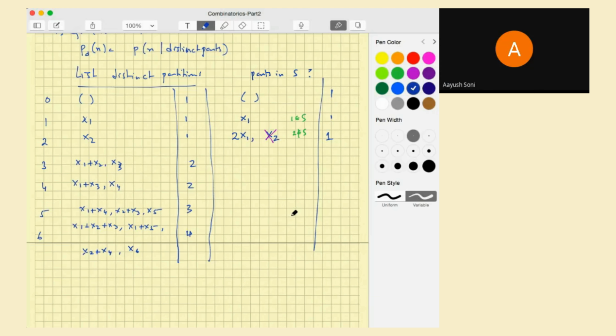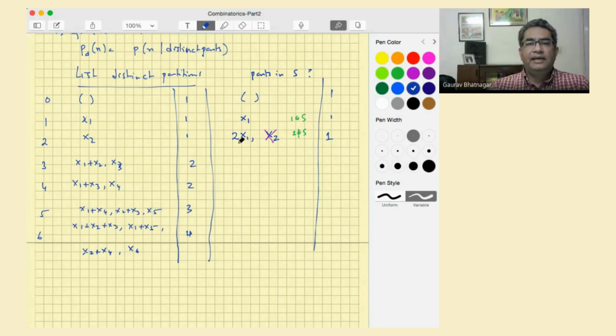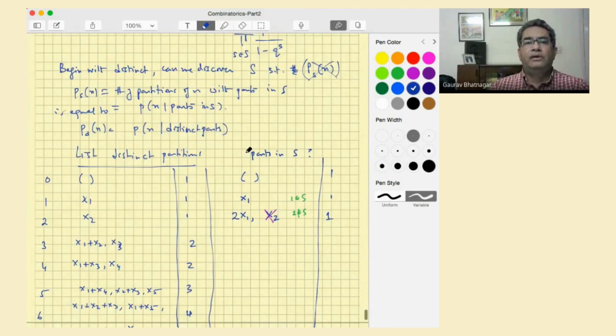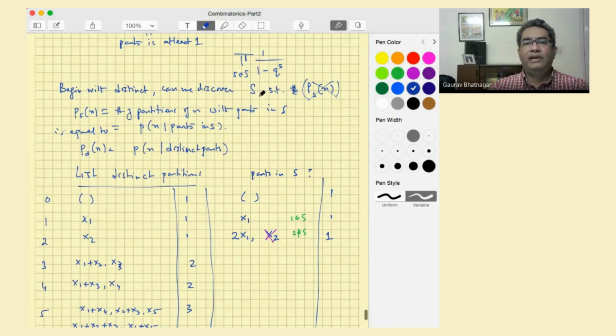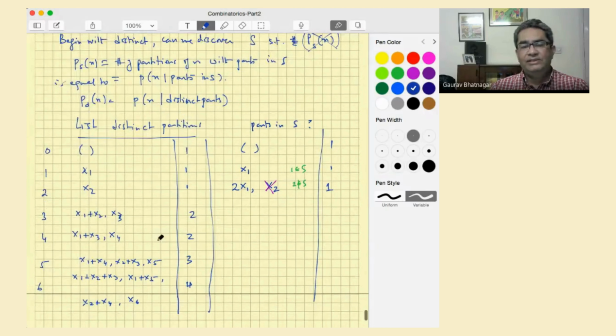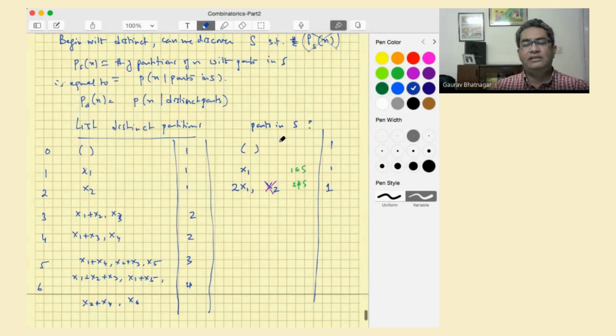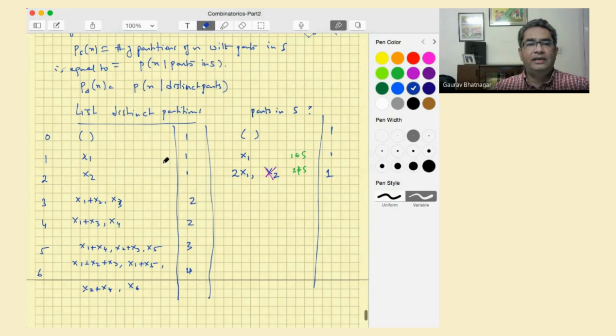Professor, could you repeat that, please? The part where we say 2 is not in S. So I'm saying that I'm trying to see what are the parts in S, right? So we are trying to figure out S. I've listed the distinct ones. Now I start listing. I don't know whether x1 is in S, x2 is in S, so on. So I start this listing. When I start listing x1, I have to have one partition here.